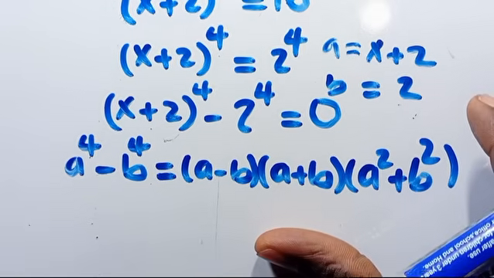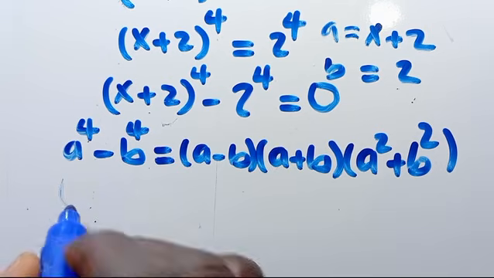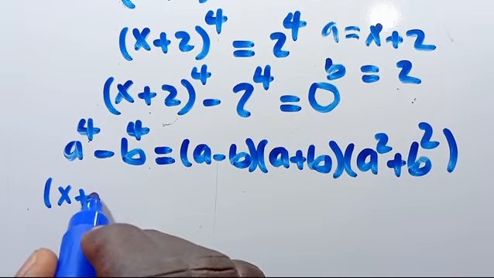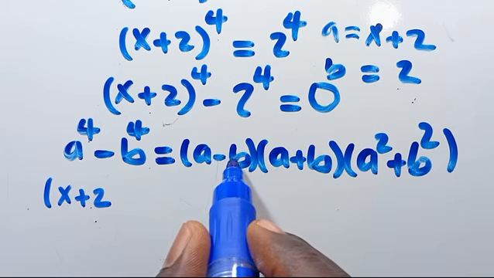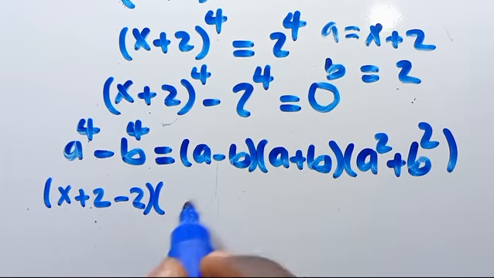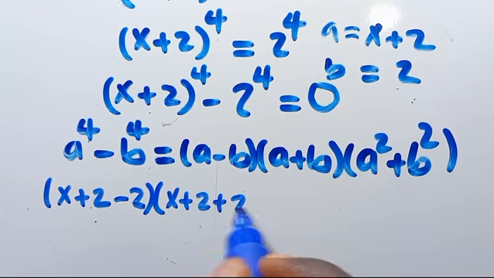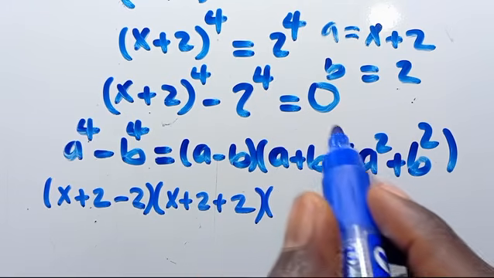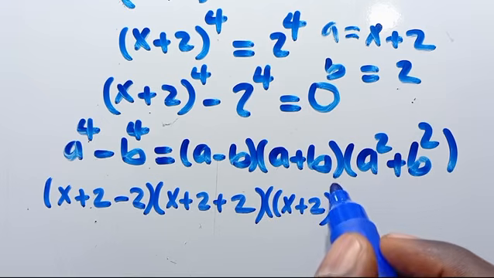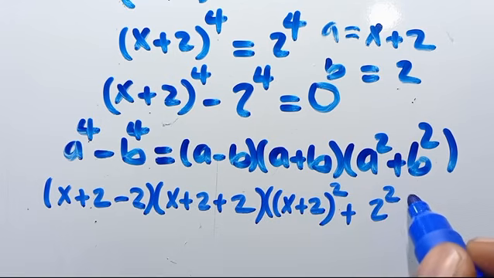So now from here we have x plus 2 and here is minus b, definitely minus 2. Then we have x plus 2, here is plus b, which will be plus 2. Then we have (x plus 2) squared plus 2 squared.